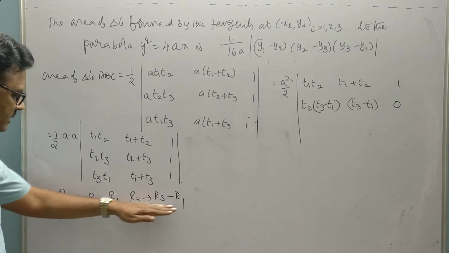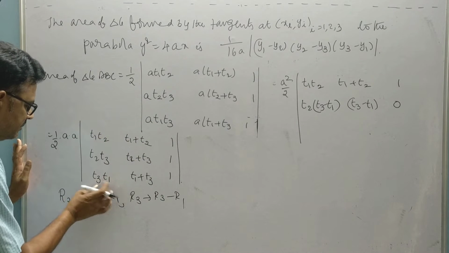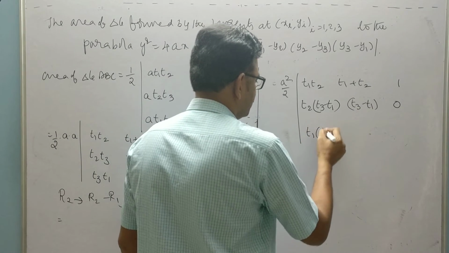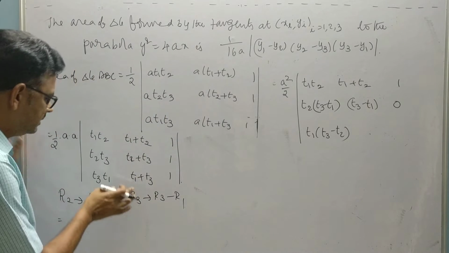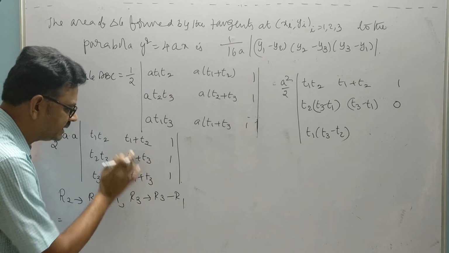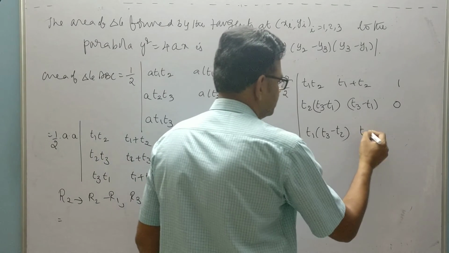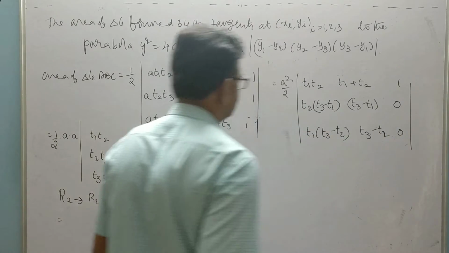Next R3 changes to R3 minus R1, so here T1 is taken common, T3 minus T2. And it is T1 plus T2 minus T1 minus T2, T1 gets cancelled, T3 minus T2, and it is 1 minus 1 is 0.